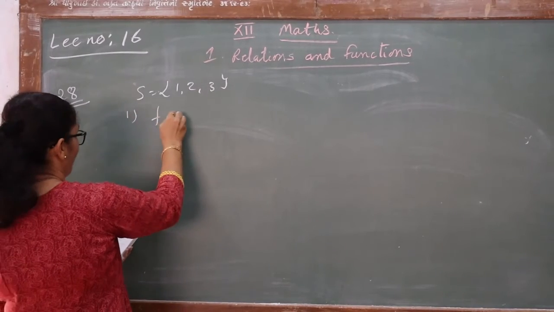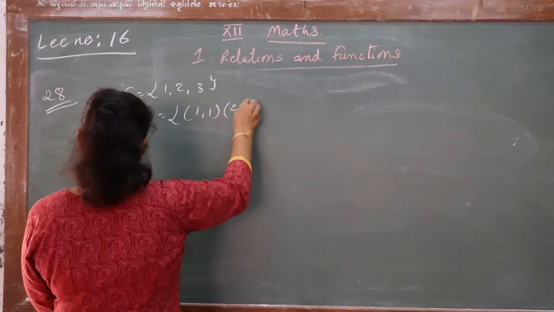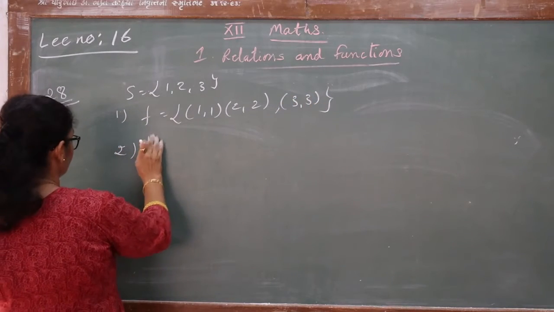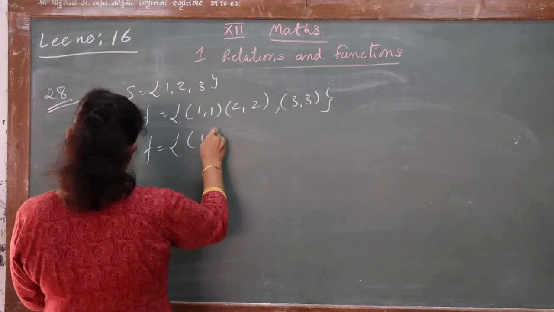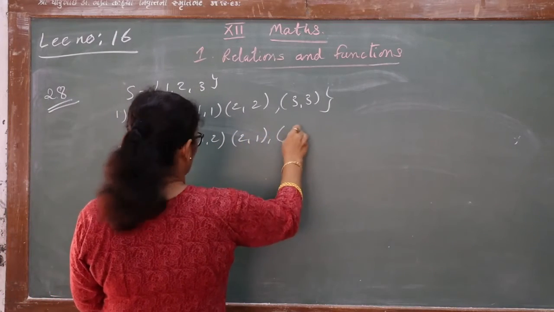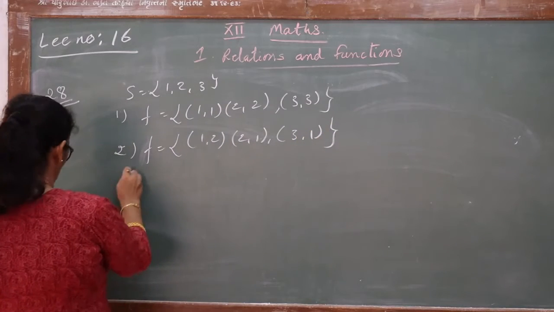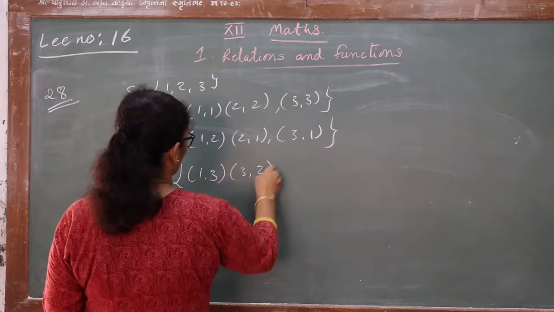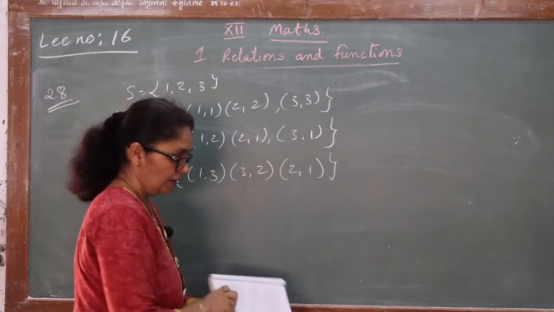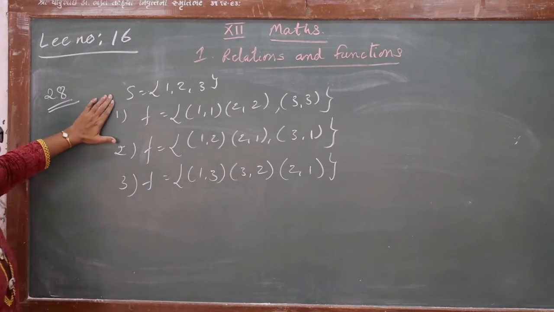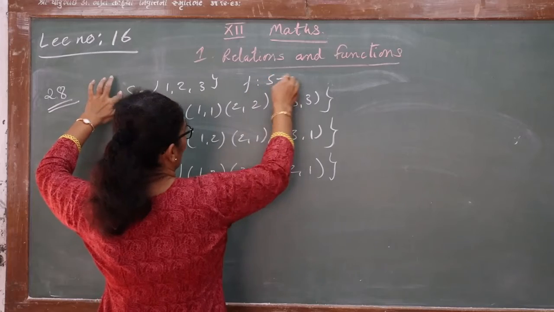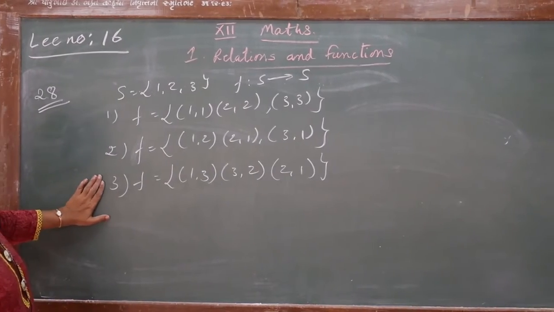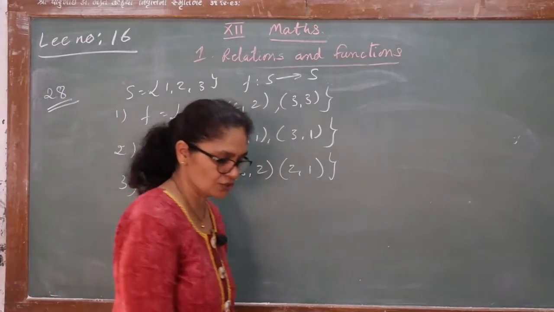The first is given f as (1,1), (2,2) and (3,3). The second is given f as (1,2), (2,1), (3,1). And the third is given as (1,3), (3,2) and (2,1). Here you have a function from S to S, meaning 1, 2, 3 to 1, 2, 3 only, and for these three questions you have to check whether the inverse will exist or not.